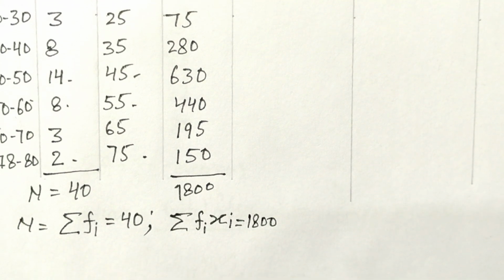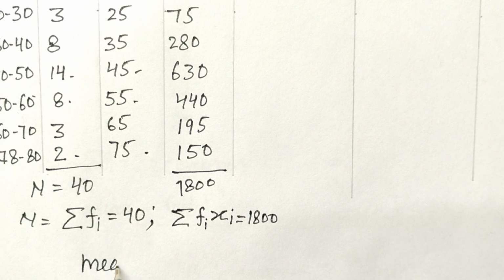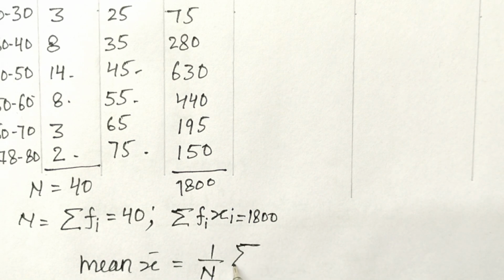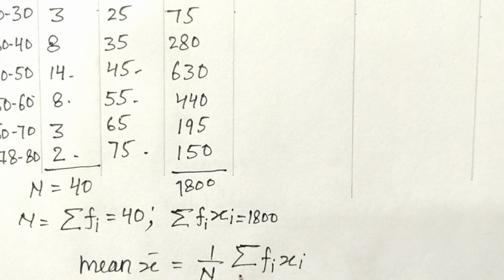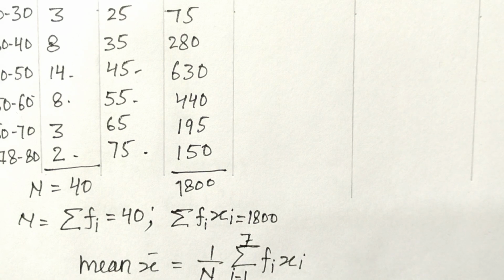Okay, now we will find the mean. X bar is equal to 1 over n summation of Fi into Xi, where i is equal to 1 to 7, right?